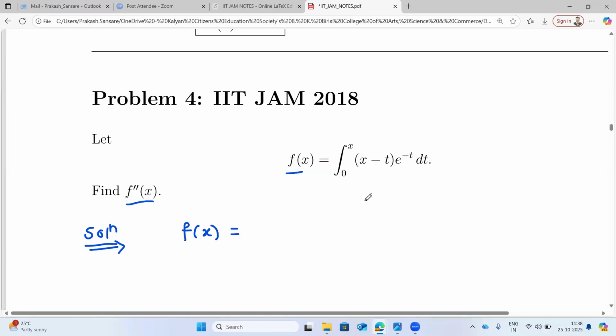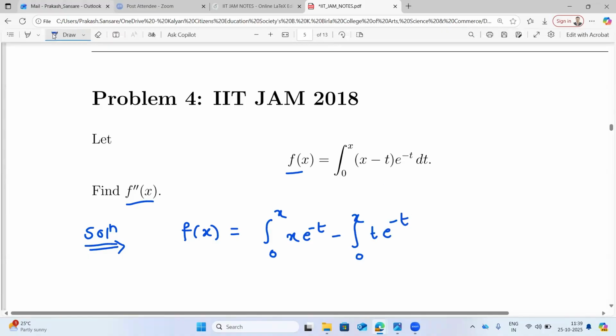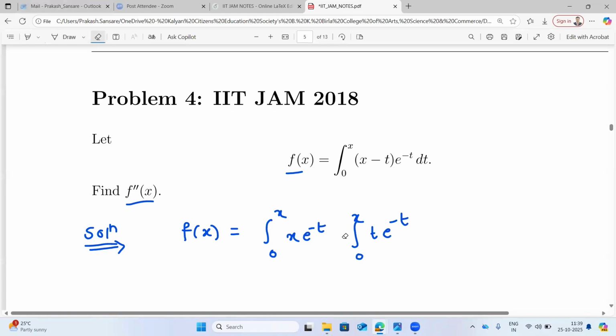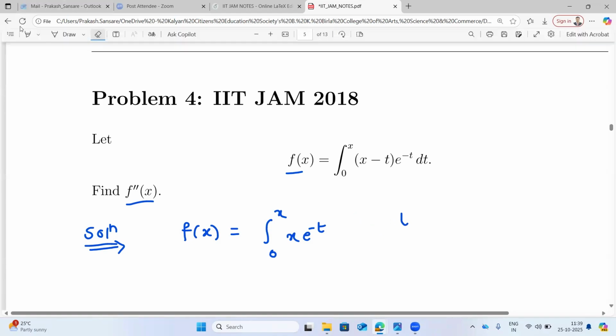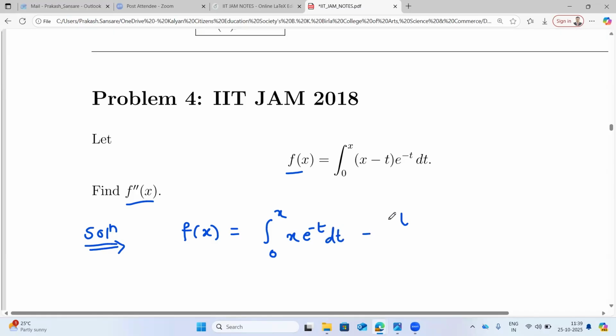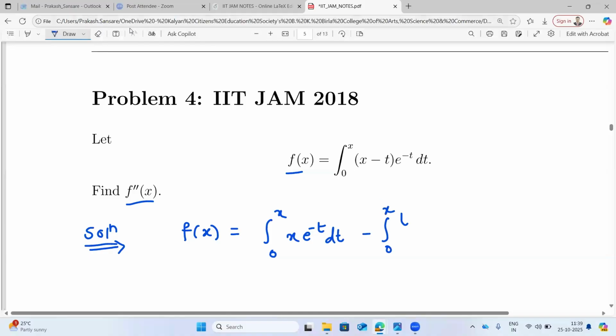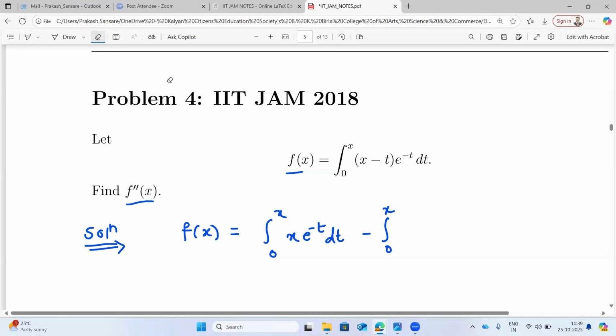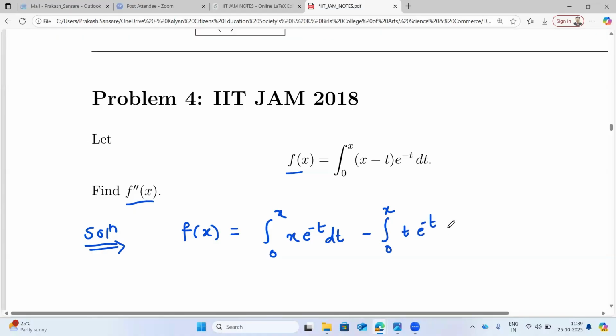So you could see that f of x is basically, I can distribute this, integration 0 to x e power minus t dt minus integration 0 to x t times e power minus t dt.